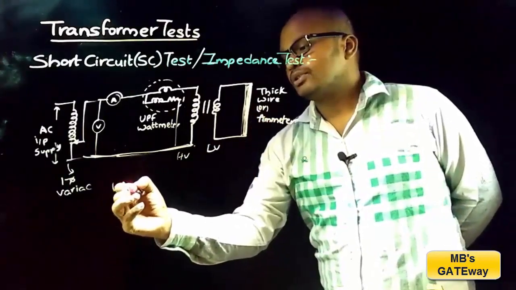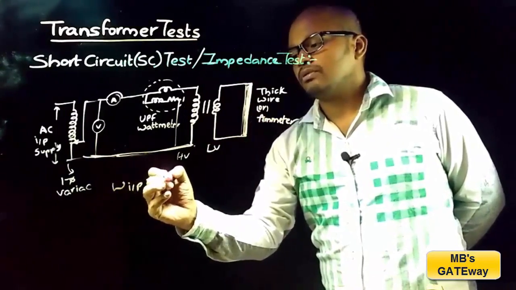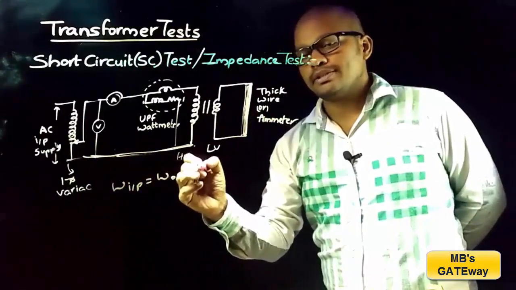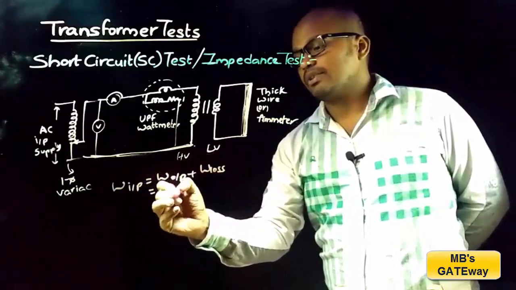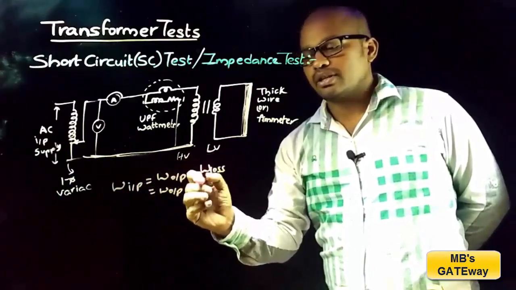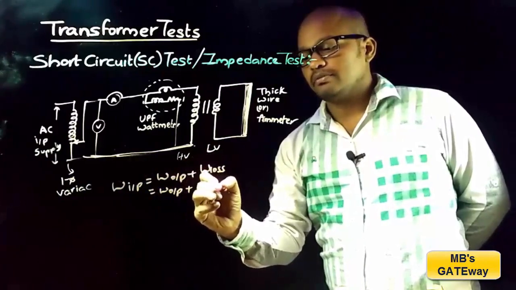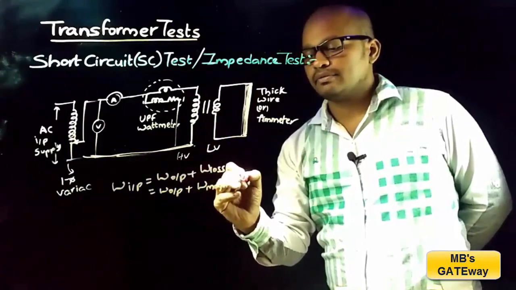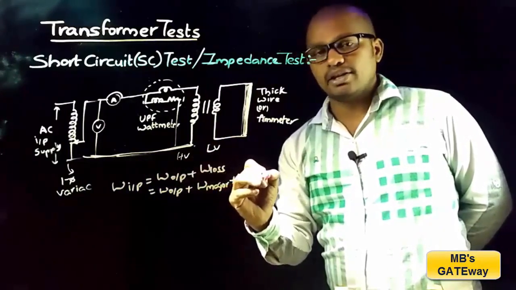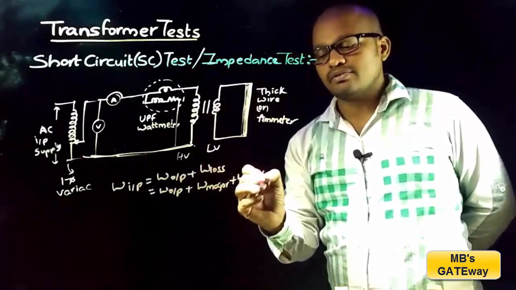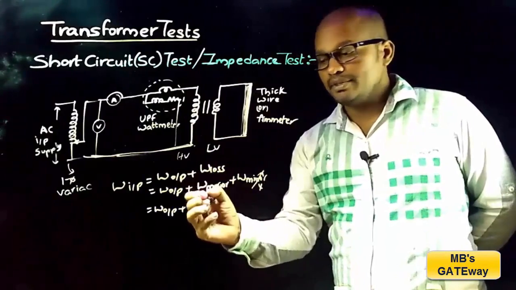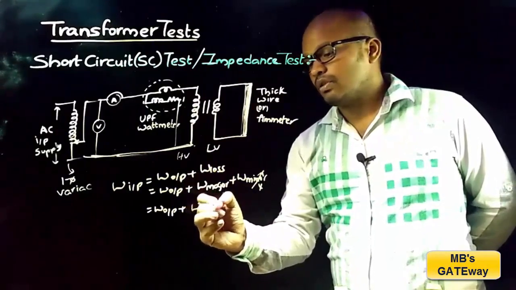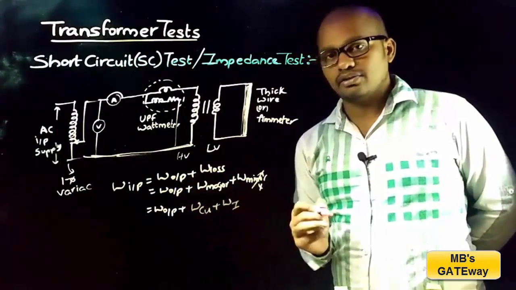It is known that total input power is equal to total output power plus losses, and in transformer losses are classified into major losses plus minor losses, and as minor losses are very low, these can be neglected, and the major losses are copper losses and iron losses.